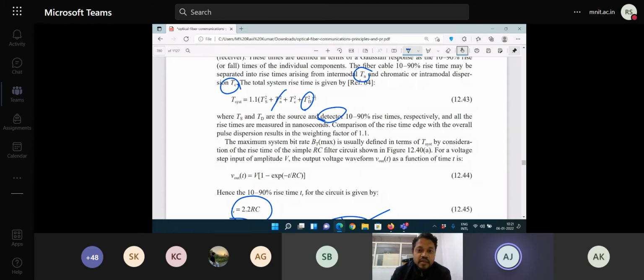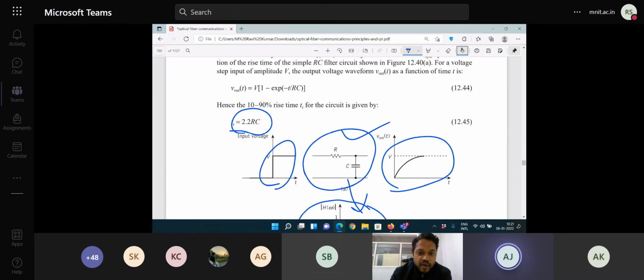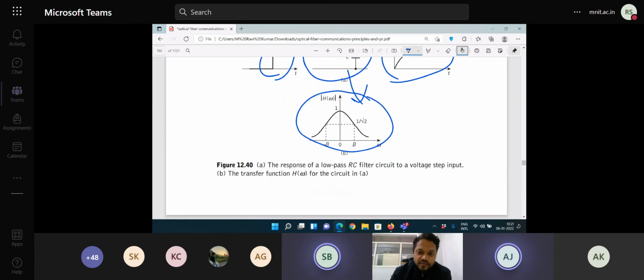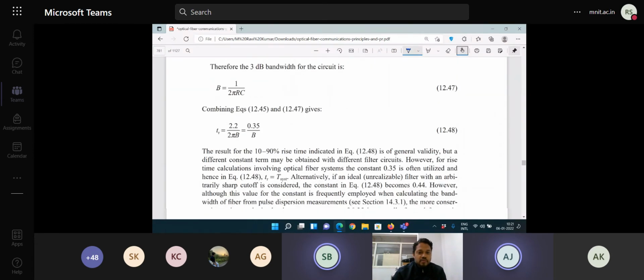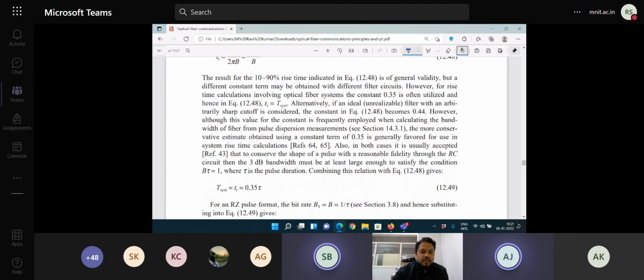But if we say TD is for the whole receiver, then this 2.2 RC would be included in that. So depending on how TD is defined, this may or may not be a part of TD. So this is about the rise time budgeting.